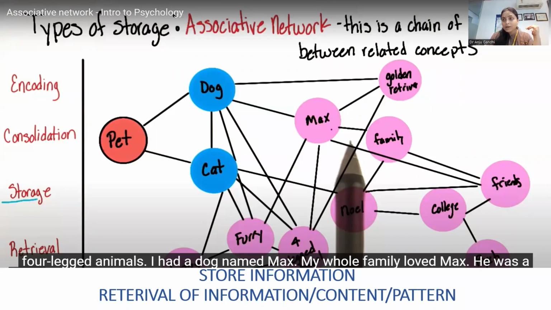See, we have eyes. We see a particular pet, and our mind is trained by our parents to tell whether it is a dog or a cat. We know it very well that this is a four-legged animal, so it may be a cat or a dog.